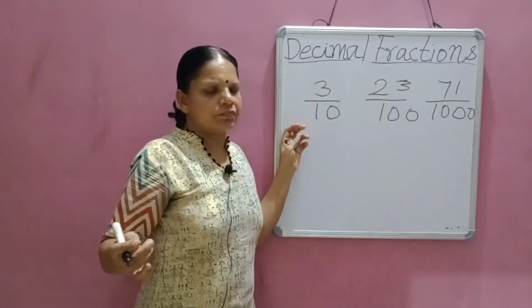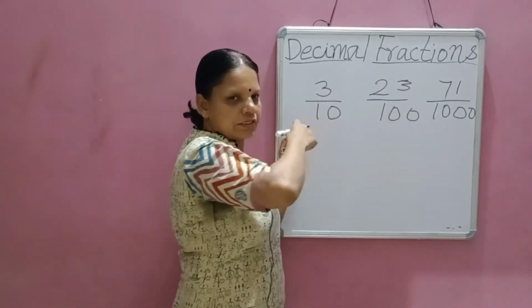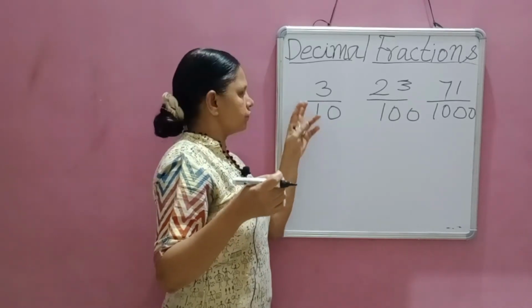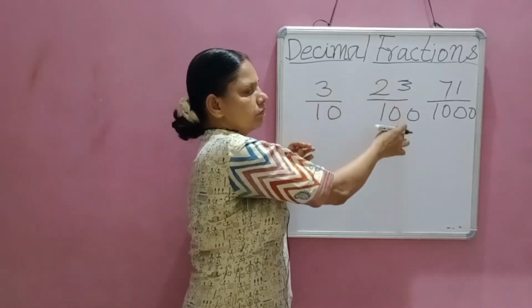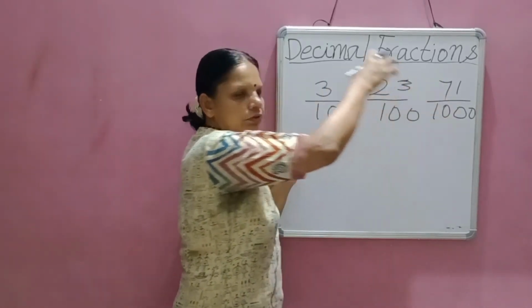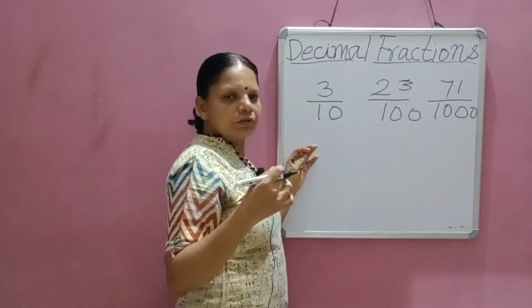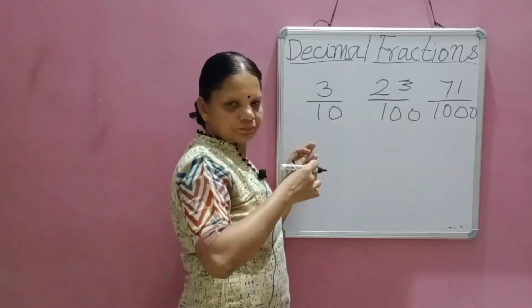What type of numbers are they? They are all fractions. In the last class you studied about fractions. They have a numerator and a denominator. So observe the denominators of all three examples.